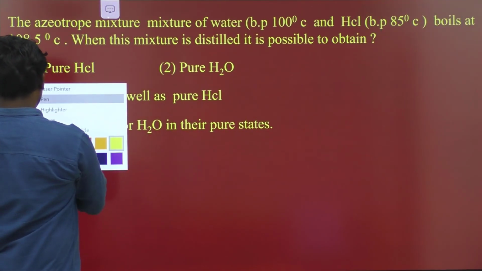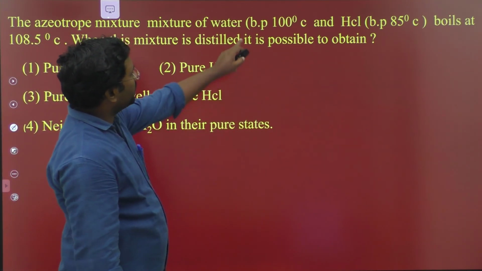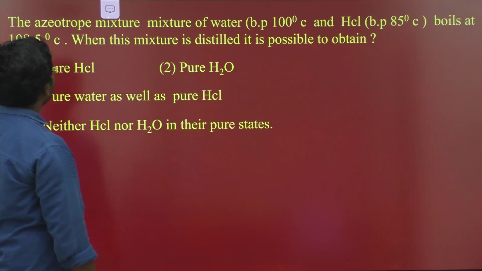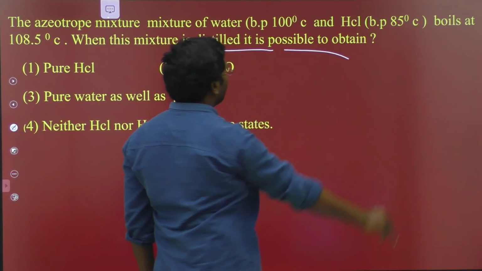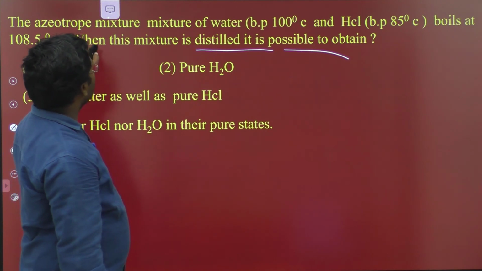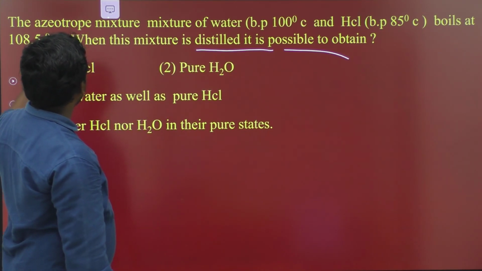And the final thing is, the azeotropic mixture of water, boiling at 100 degrees centigrade, and HCl, boiling at 85, boils at 108.5.